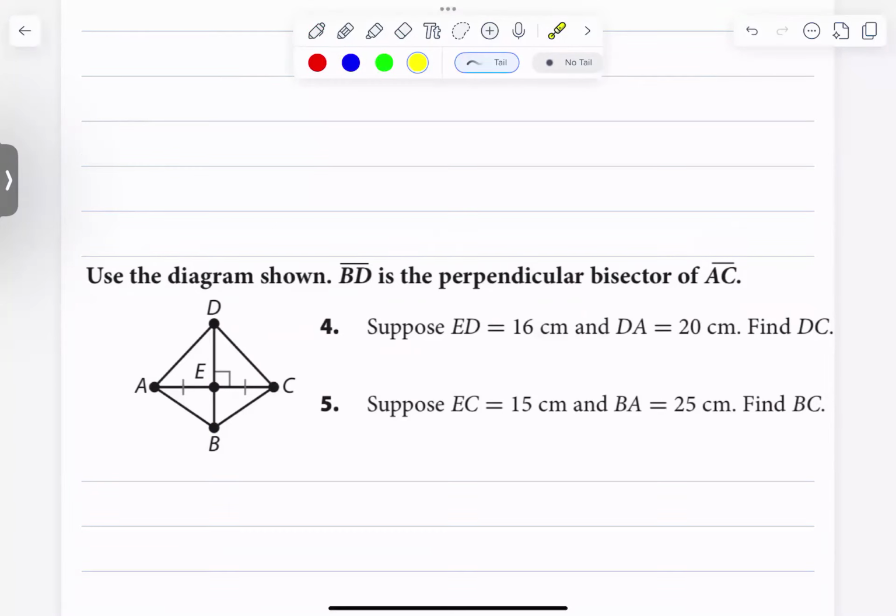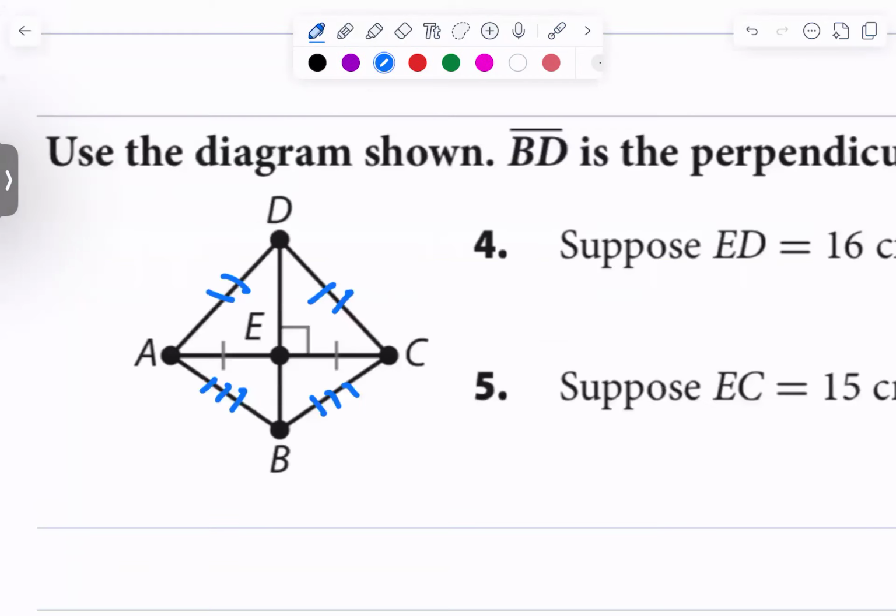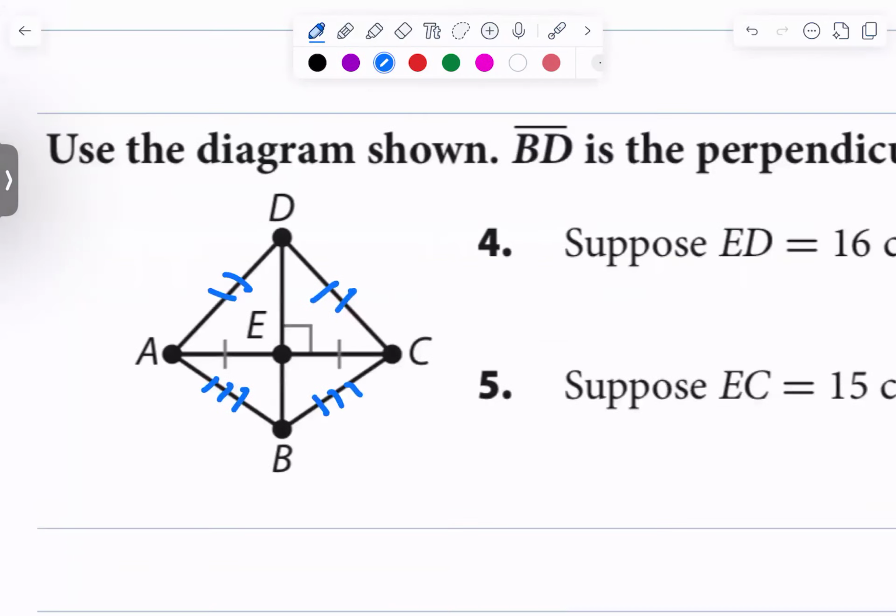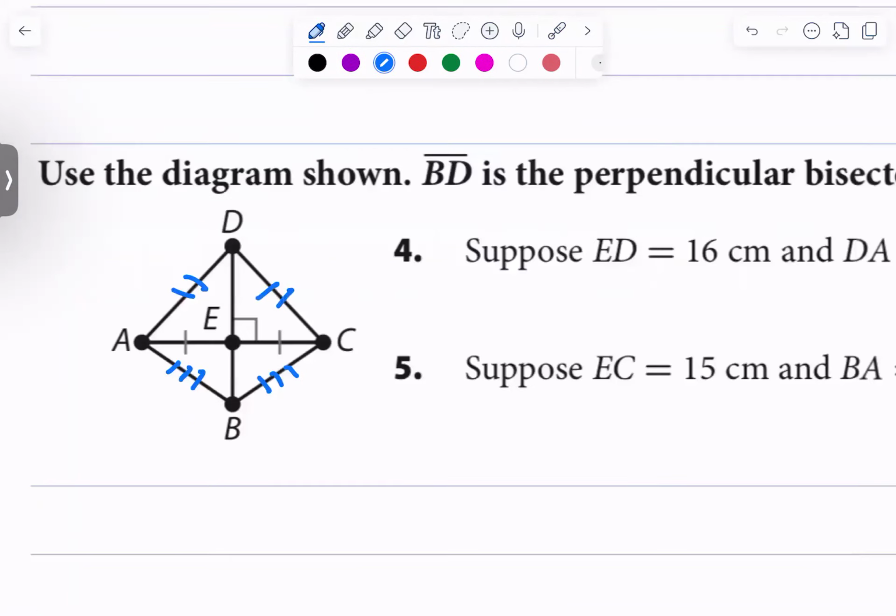This already shows you that it's a 90-degree angle and they are congruent, right? Then automatically I know that they have to be equal to each other as well. Notice that the tick marks are the same. The same number of tick marks means that they are equal, right?